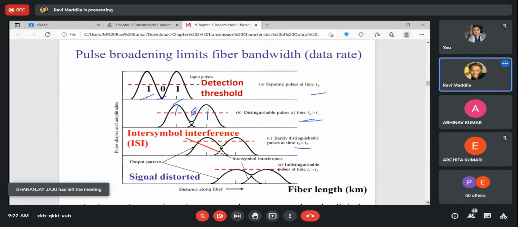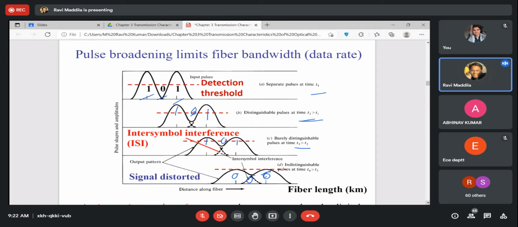So as the pulses propagate for an even much higher distance, then this also can be decoded as a 101. But if you look at this last level, the bottom part here, all of these can be decoded as zeros.